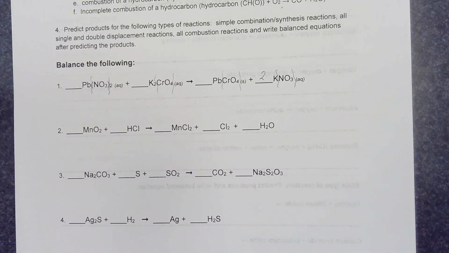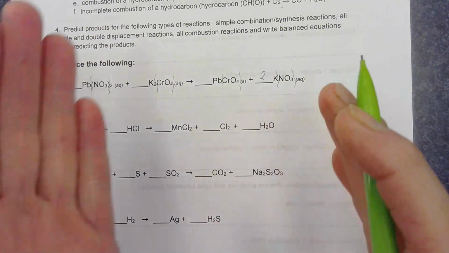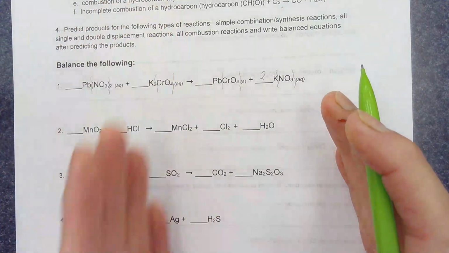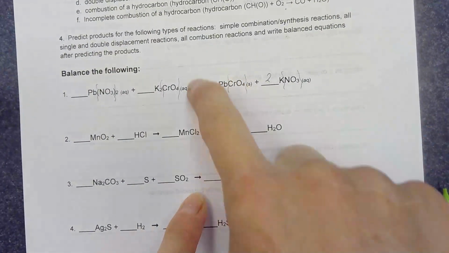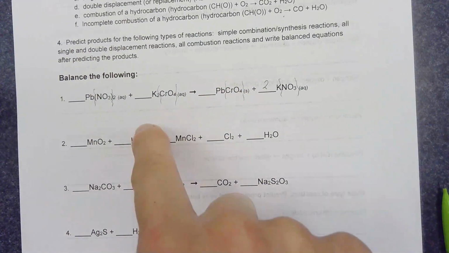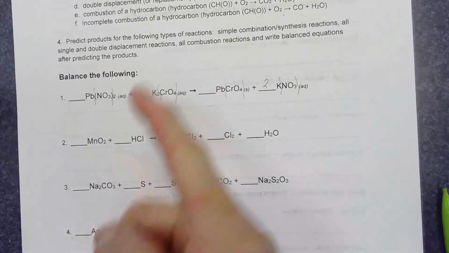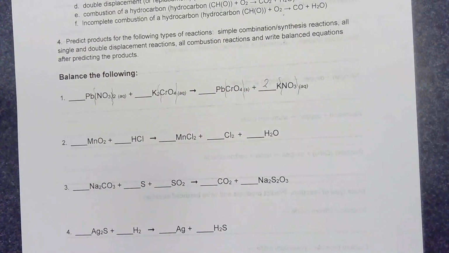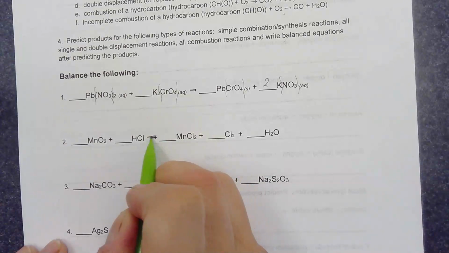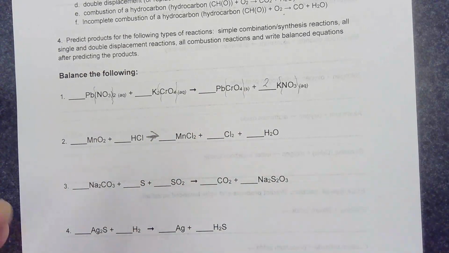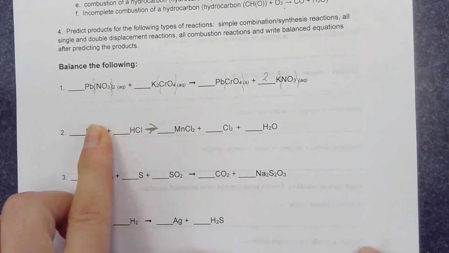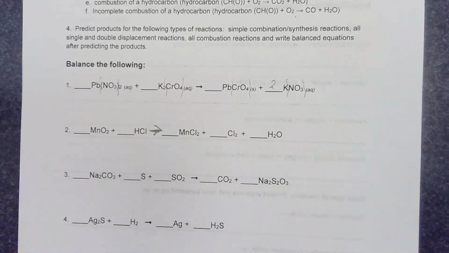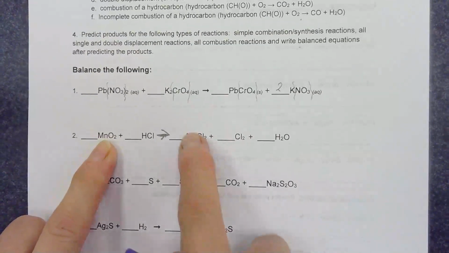Sometimes our eyes tend to assume the arrow is in the same place. See how these two have the arrow in the same place on the page, and this one the arrow's there. You have to look for the arrow, because it would have been easy to start putting this together and these separate. So put the arrow where it is.